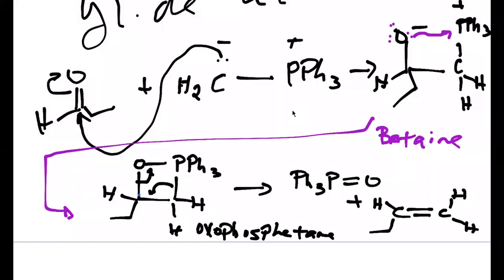So the formation of this phosphine oxide, that's what pushes the reaction, because that PO double bond, you release a lot of energy by making that. So that's the driving force behind the reaction, the formation of that phosphine oxide. Once you get to the oxophosphatane, it's very rapid when that breaks down quickly to give you the alkene plus the phosphine oxide.